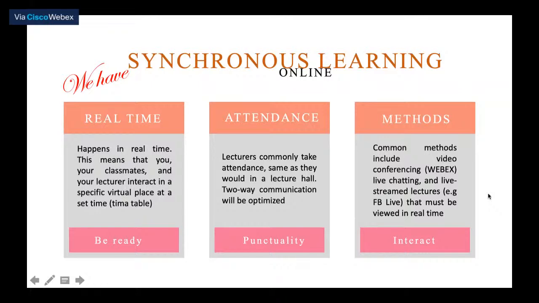We are going to have synchronous class. It is real time. I am expecting to take attendance during synchronous class, and we are going to use WebEx. Just let the students know what your expectations are, what a synchronous class is and your expectations during it.